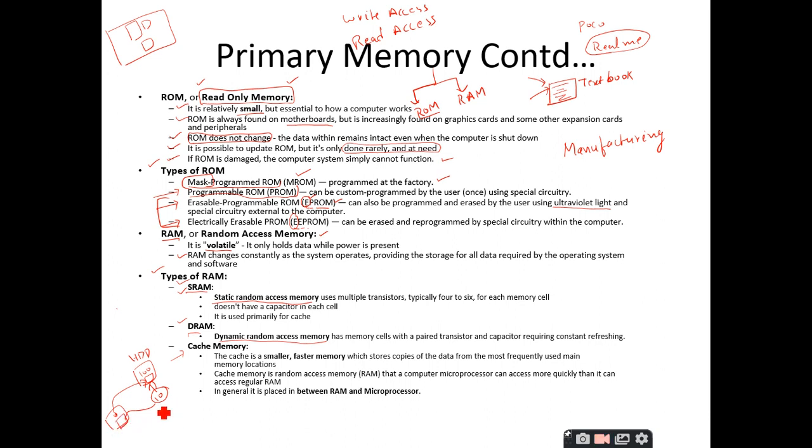Once you have these 10 instructions inside the cache memory, whenever the processor wants an instruction from the hard disk drive, it won't directly go to the hard disk drive. It first checks in the cache memory. Once the cache memory has these instructions, it will retrieve from the cache memory itself. Therefore, it is saving a lot of time.